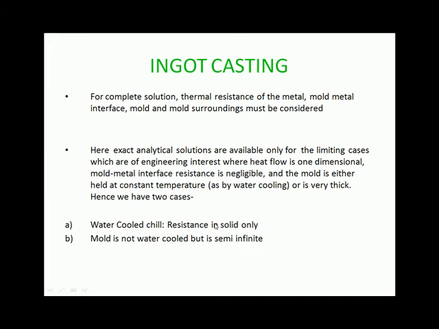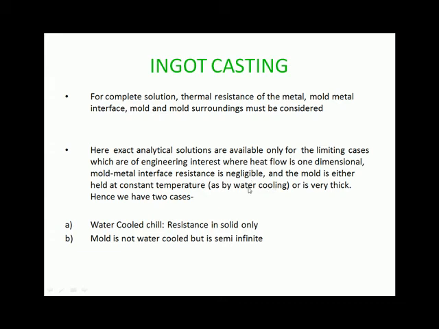Till now we have seen particular cases where the interface resistance was higher or the mold was insulating. For a complete solution, we require the thermal resistance of the metal, the mold-metal interface, the mold and the mold surroundings; all these should be considered. But exact analytical solutions are available only for limited cases of engineering interest, wherein the heat flow is one-dimensional and the mold-metal interface resistance is negligible.